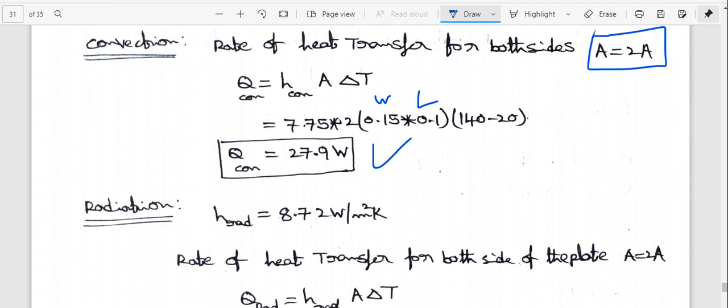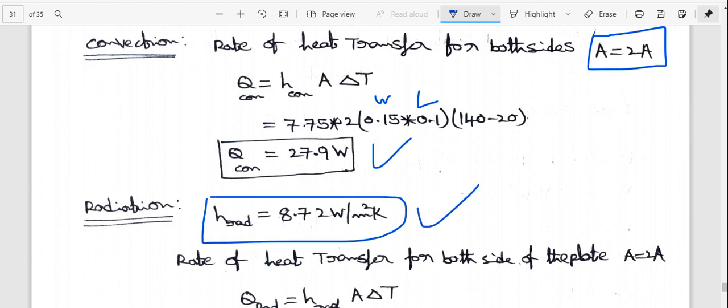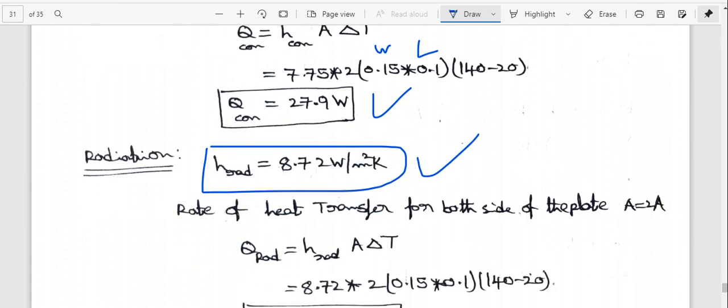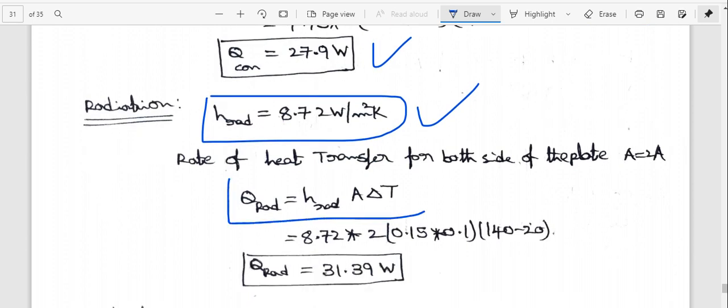And coming to the second one, the radiation concept, the radiation heat transfer coefficient is given as 8.72 watt per meter squared Kelvin. Now we can calculate Q radiation equal to h radiation into A ΔT.